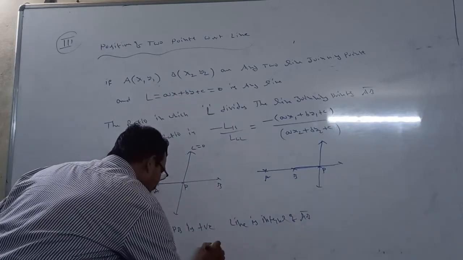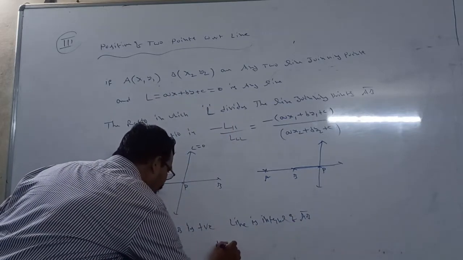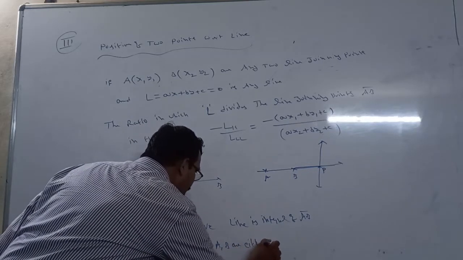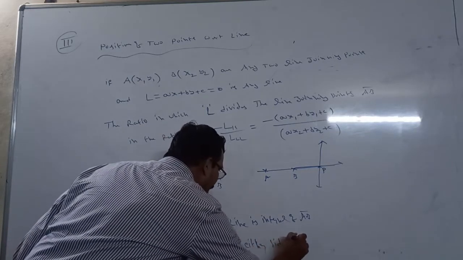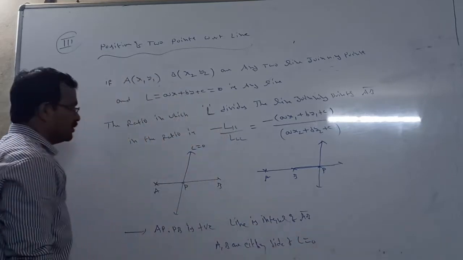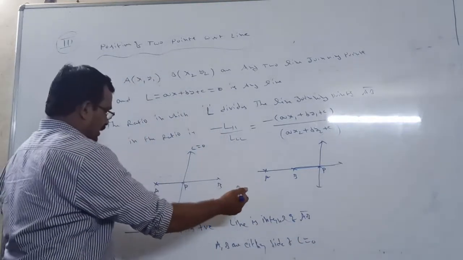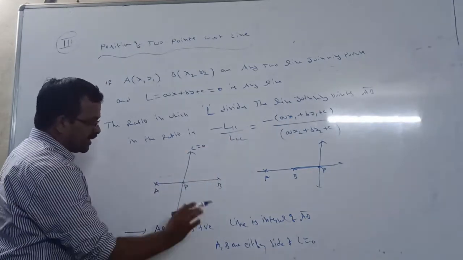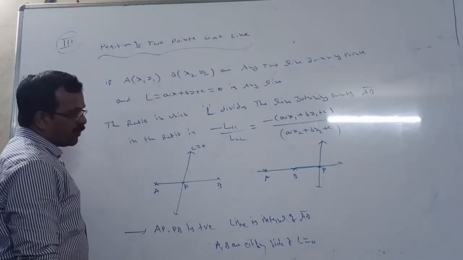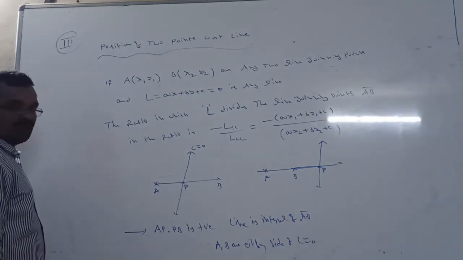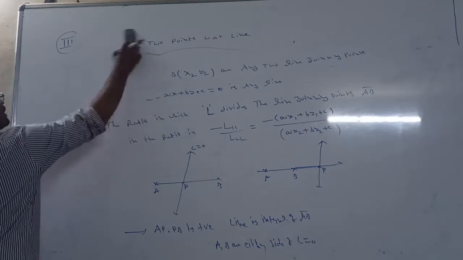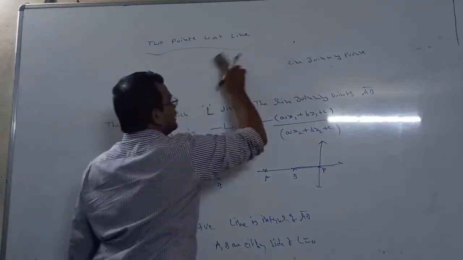In this case, A and B are on either side of the line L equal to 0. If AP to PB is negative, the line is external. In this case, A and B are on the same side of the line L equal to 0. So in this concept, let us see some questions.